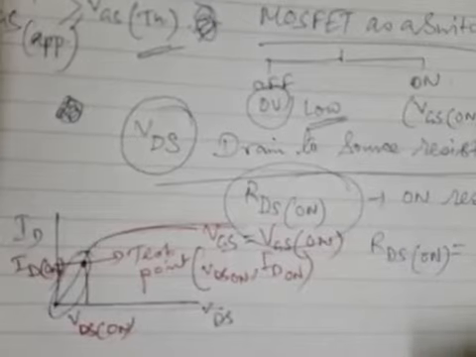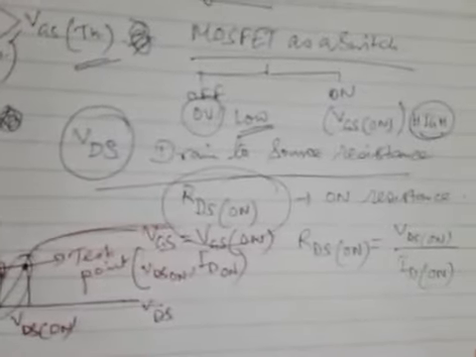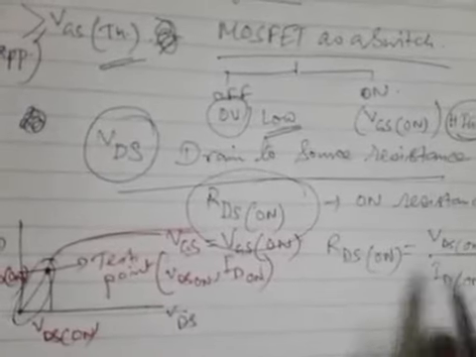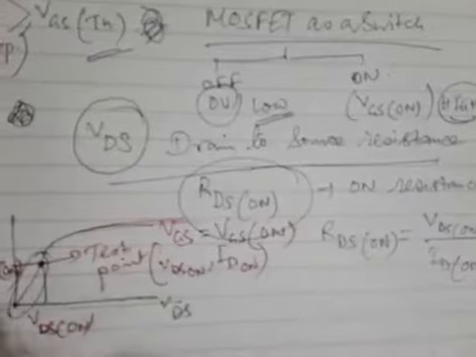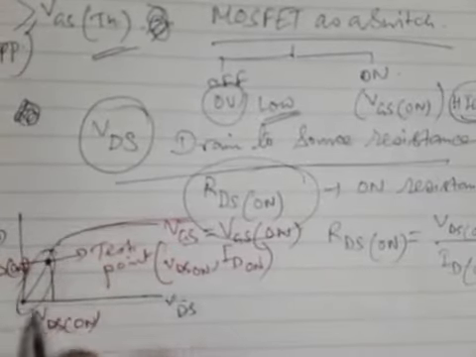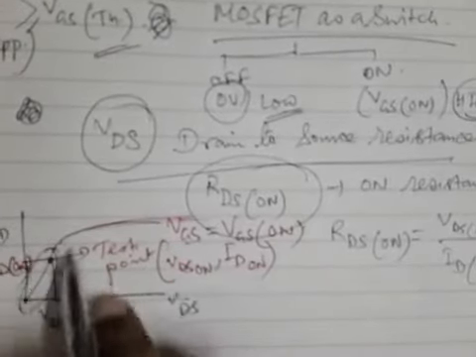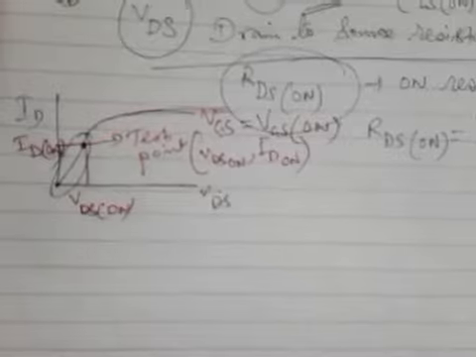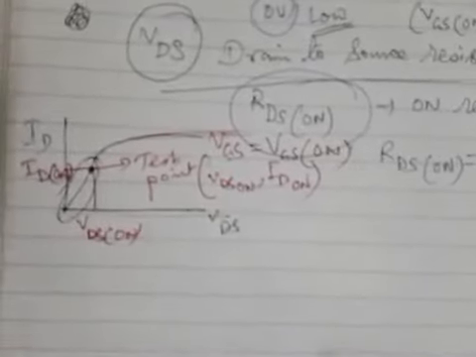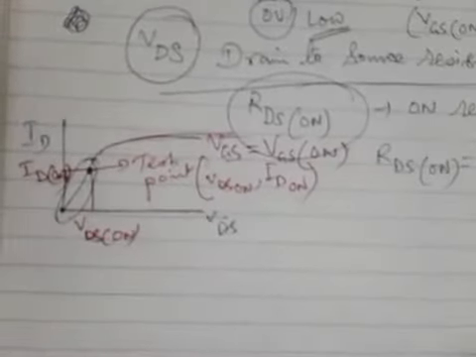That means it is the ratio of voltage and current at the on state, and you know the ratio of V and I is nothing but resistance from Ohm's law. This is happening because we have considered the region of operation to be confined to the linear portion only, the ohmic region only. So from here we can specify that the enhancement MOSFET has a low resistance when biased in the ohmic region.